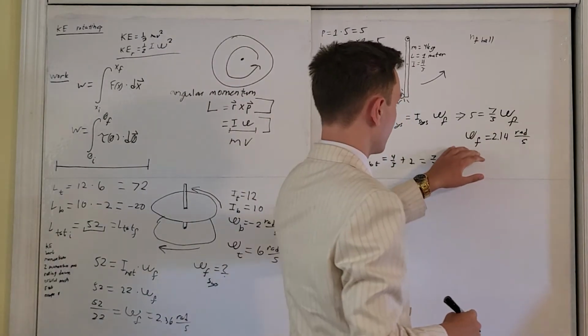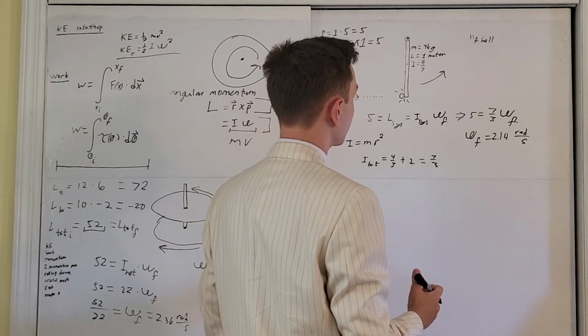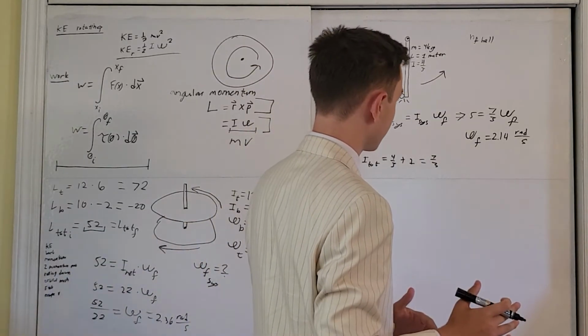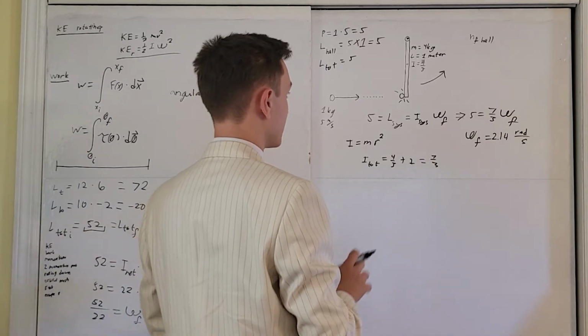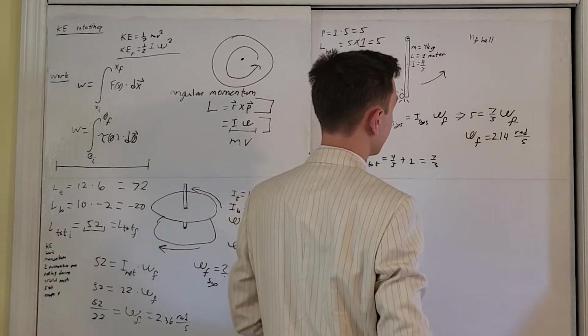Okay, now that we have this, we need to switch gears and start tackling this problem from a conservation of energy perspective, because now we have a velocity and we're trying to find the final height.